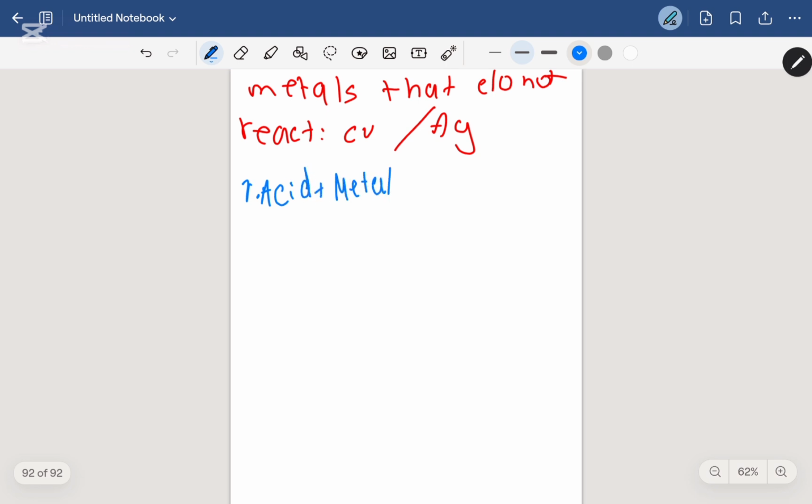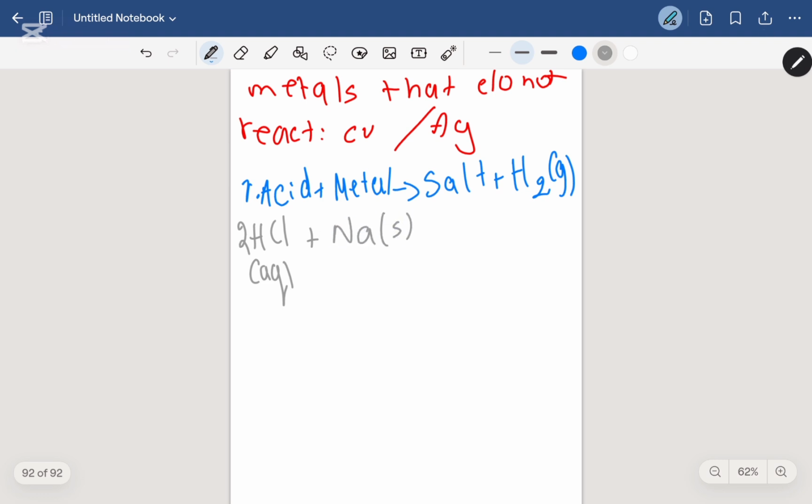Whenever you add an acid to a metal by itself, it's going to give us a salt plus hydrogen gas. Let's take an example, okay? As an example, we're going to take an acid, 2HCl, which is already balanced. 2HCl is always aqueous. In addition to a metal, any random metal you want, for example 2Na solid.